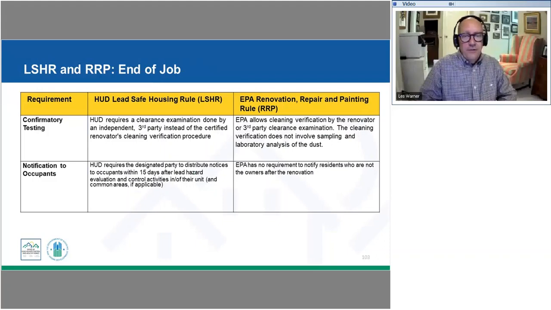The dust wipe samples are then sent off to a certified lab to verify that we now have an acceptable level.